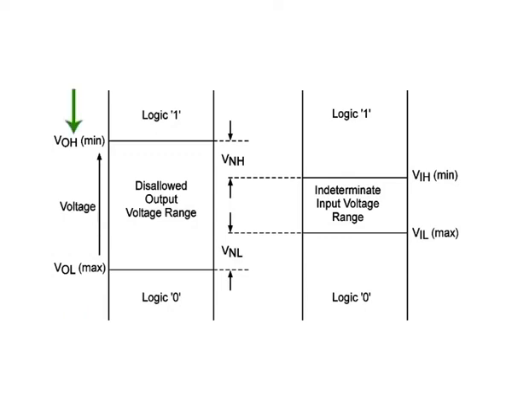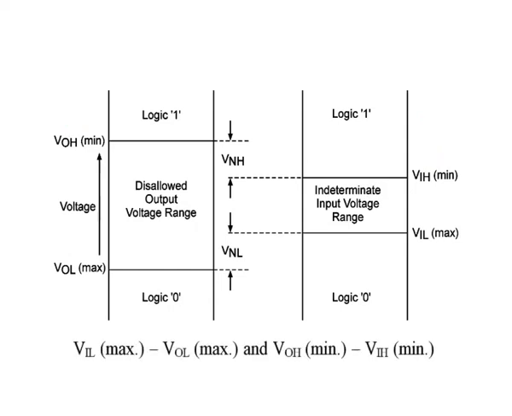Similarly, VOH minimum is greater than VIH minimum and the high output state can tolerate a negative voltage spike equal to VOH minimum minus VIH minimum and still be a legal high input. Here VIL maximum minus VOL maximum and VOH minimum minus VIH minimum are respectively known as the low level and high level noise margins.